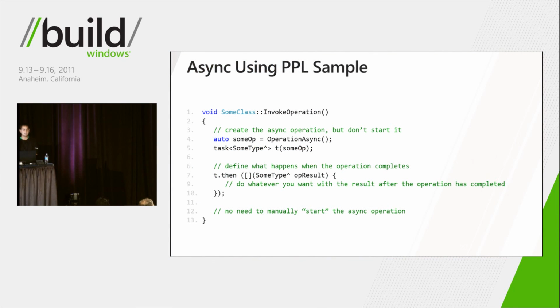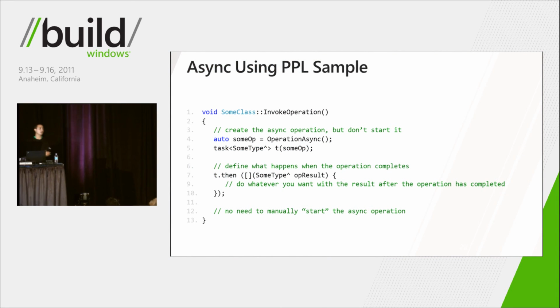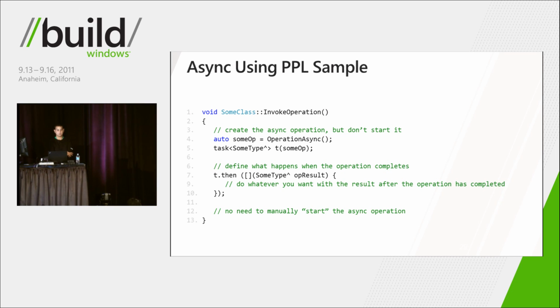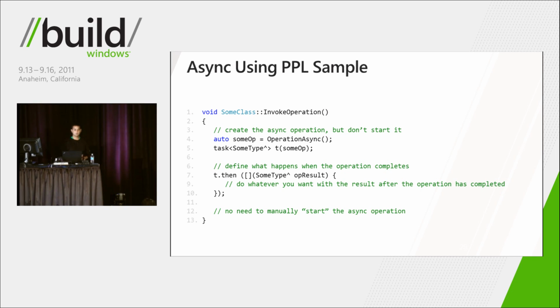But basically, with this sample, the pattern looks more like this. It's more like promises that you saw with JavaScript, for example. You have an operation, you create a task for that operation, and then you create a continuation, t.then, and pass a lambda to that.